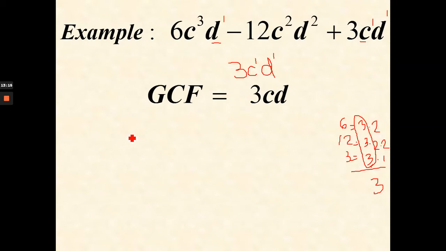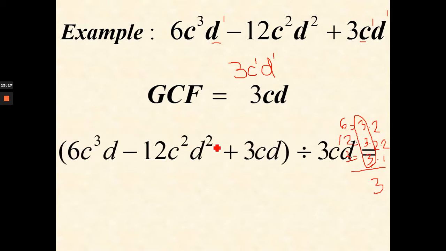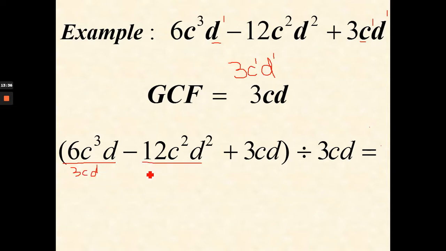After finding the GCF, let's proceed to the next step. We're going to divide the polynomial by the GCF. It would be easier if you do it this way: divide each term by the GCF, 3cd.